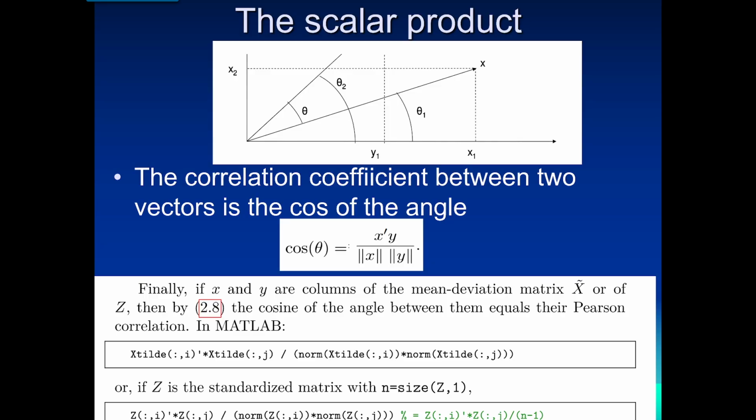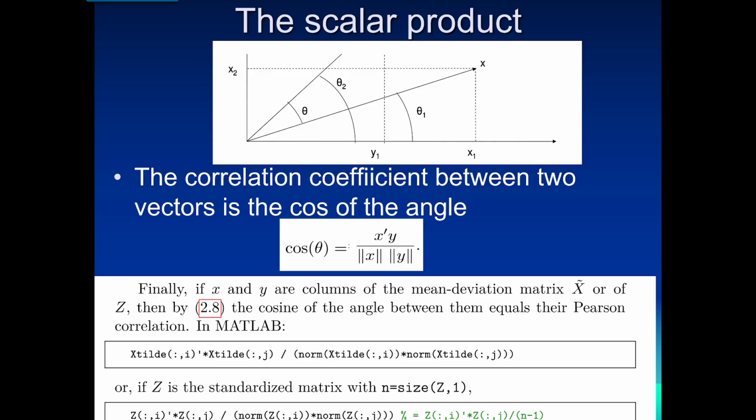You see, the cosine of the angle is this, but this is the correlation coefficient. When you compute the correlation coefficient among two variables, you compute the cosine of the angle between these two vectors. If the two variables are roughly independent, then their vectors are orthogonal.